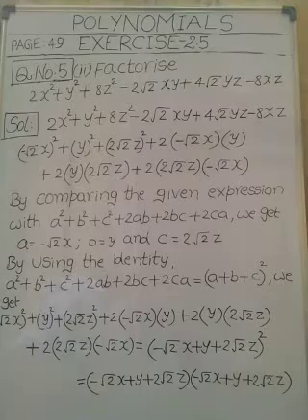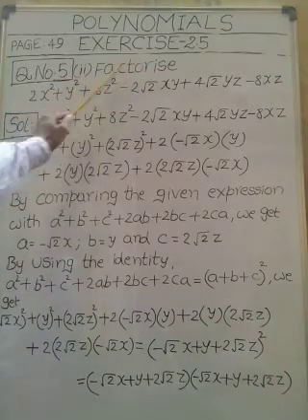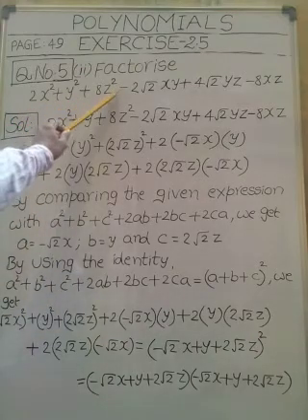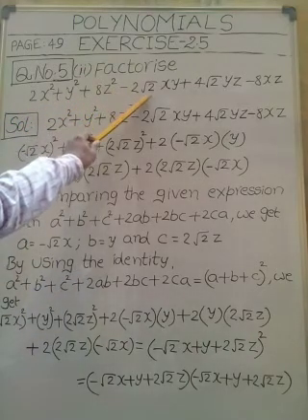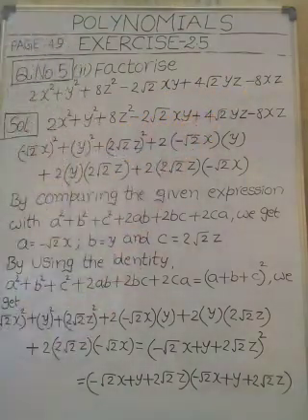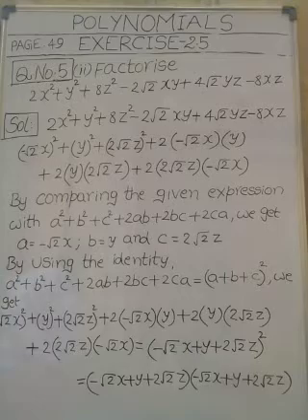Okay, my dear children, now come to the question number 5, Roman number 5, and the second question. Factorize 2x square plus y square plus 8z square minus 2 root xy plus 4 root 2 yz minus 8xz.